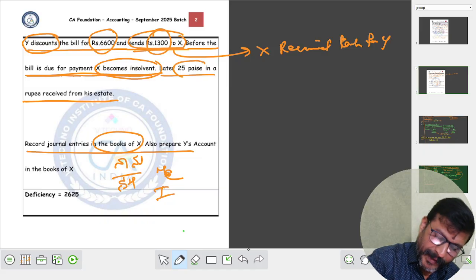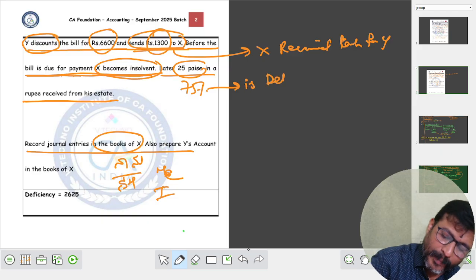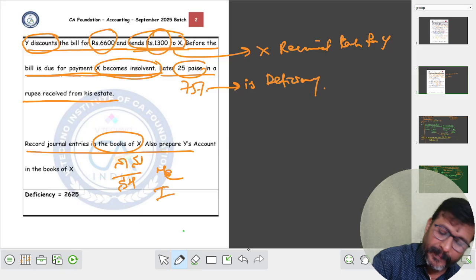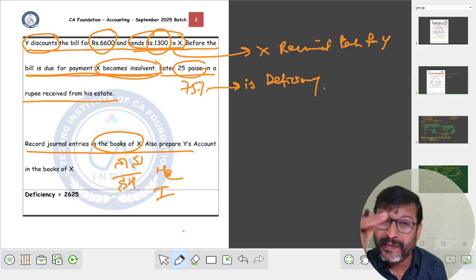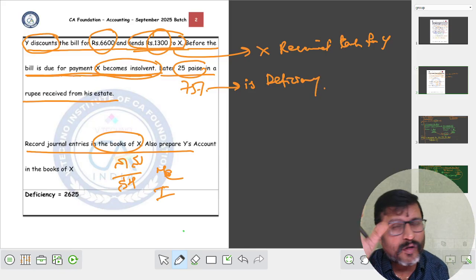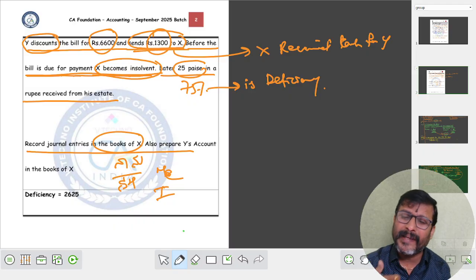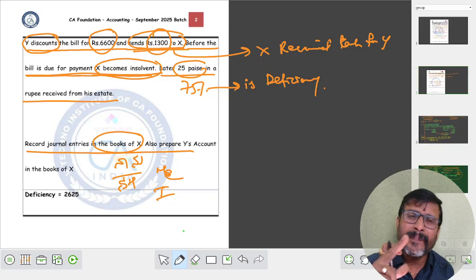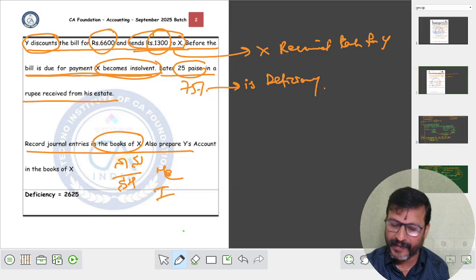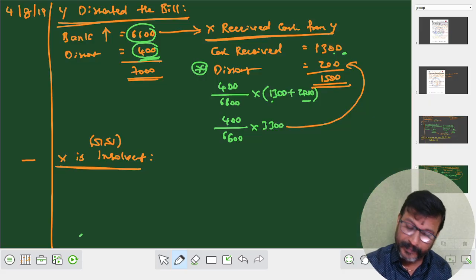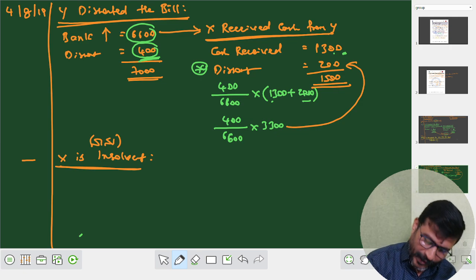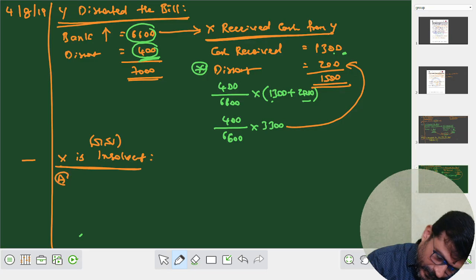When 25 paise is received, balance 75% is bad debts. Remember, my dear student, when that debtor is insolvent, we have to transfer to bad debts. See what happened here. When X becomes insolvent, what we have to do? A point.